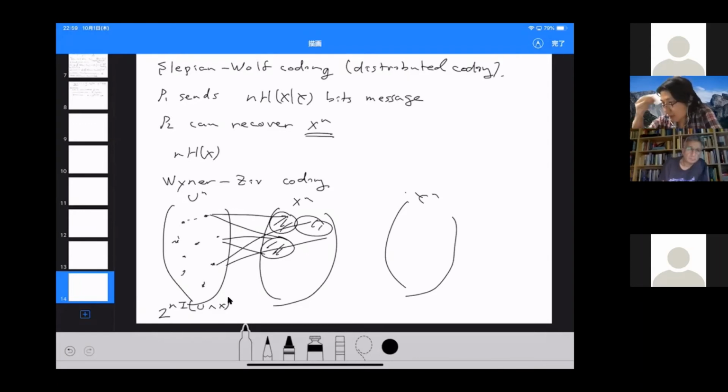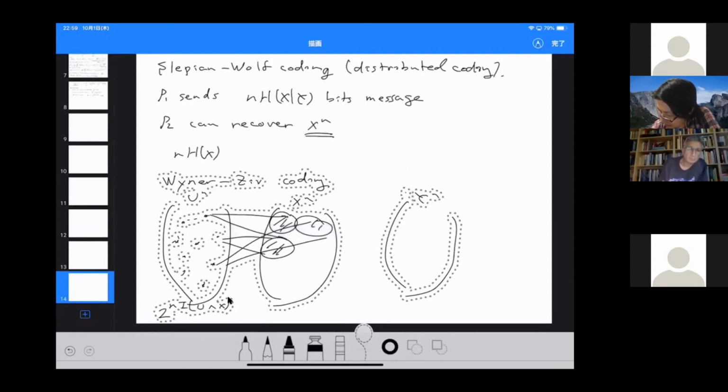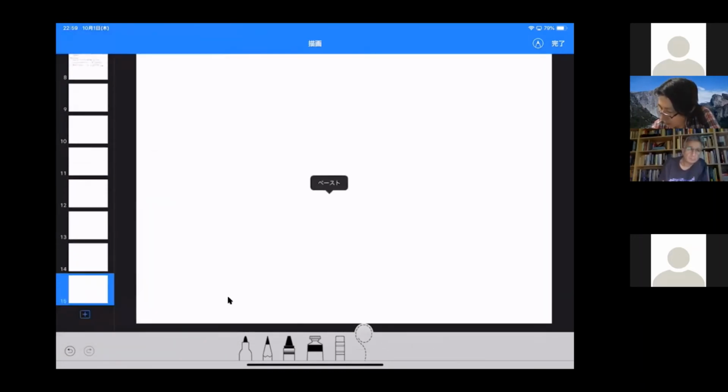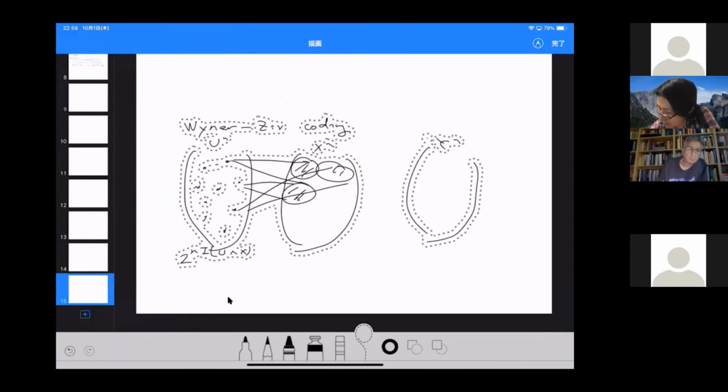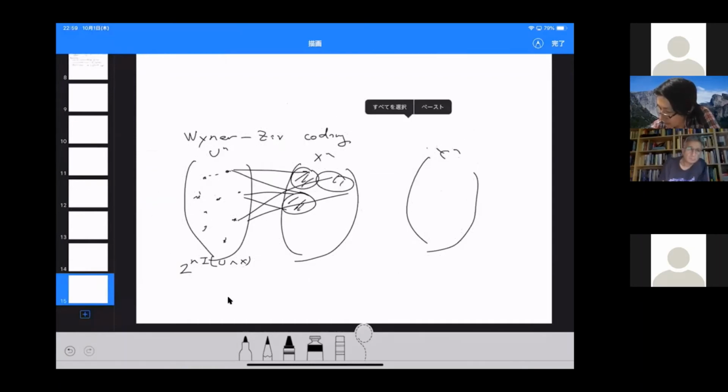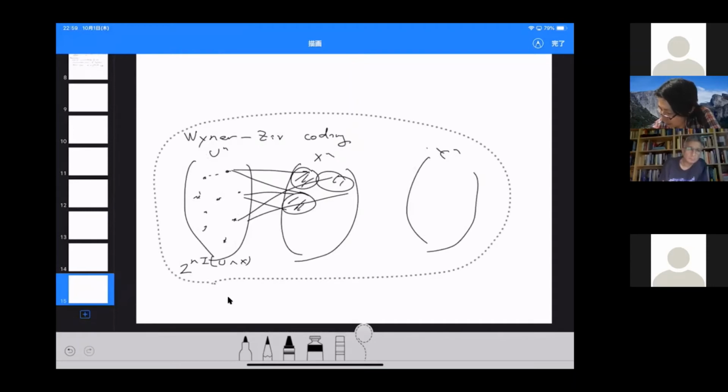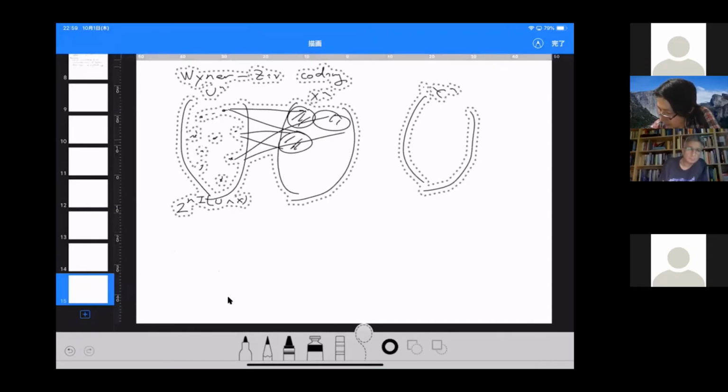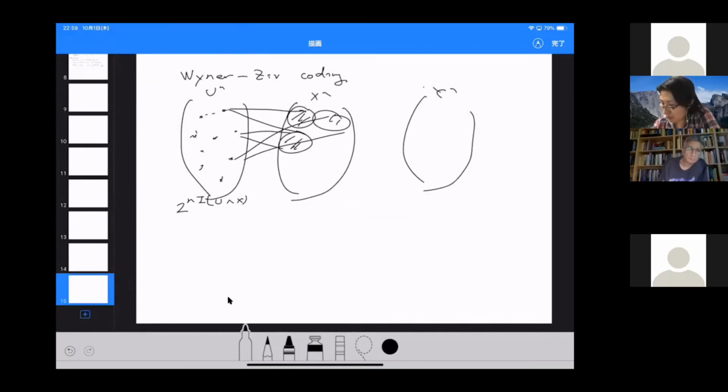Okay, then we quantize the x source into this number of points, and also we use bin coding, and so P1 sends roughly this many bits, which coincides with this conditional mutual information.